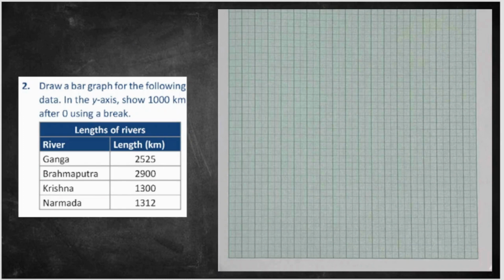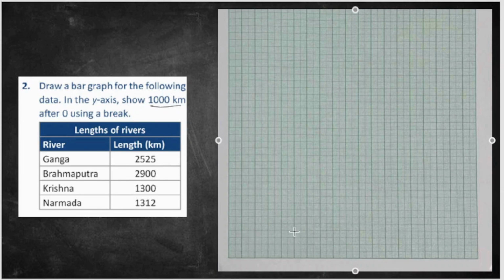Yes, question number 2. Now question number 2 says, draw a bar graph of the following data. On the y-axis, show 1000 kilometer after 0 using a break. It means again we need to use that kink sign over there, right? So let's start. First of all, we will draw the axis. Okay, so I'm drawing.